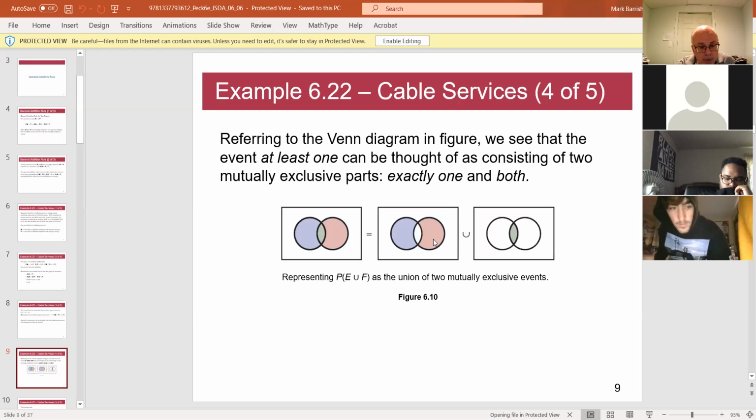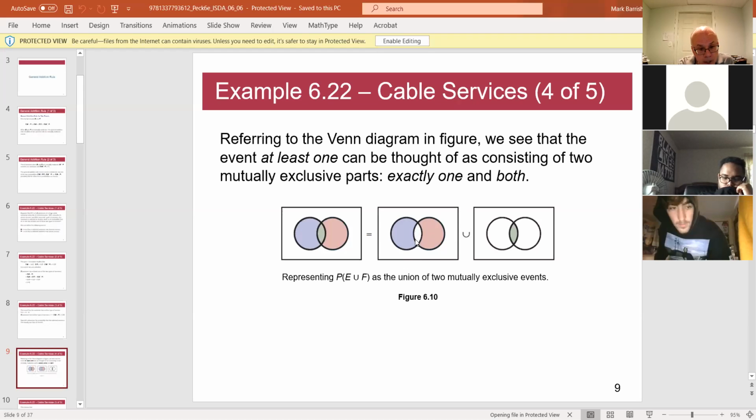What if we had this? What does this one represent, right here in the middle? Well, the blue here is internet only. The tan on the right is telephone only. What's in the middle is left out. So this is saying exactly one of the services, either only internet or only telephone, but not both.